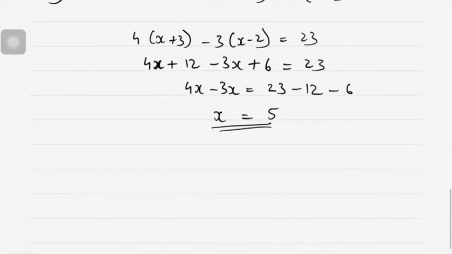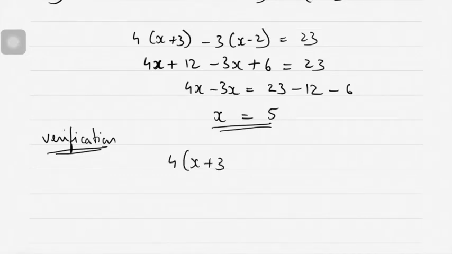If you want, you can verify. Verification. Okay, I'll write one side. 4 into x plus 3. Instead of x, I'll write the value, which is 5. Okay, minus 3 into 5 minus 2.